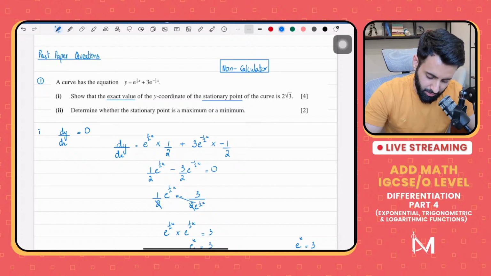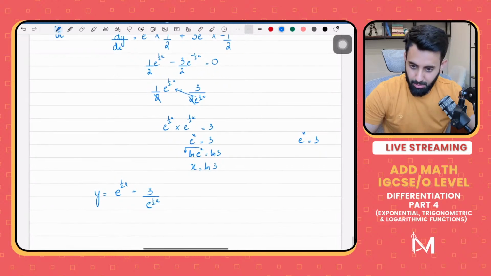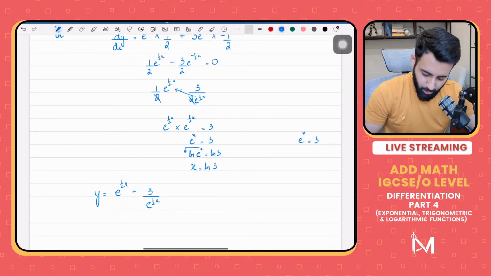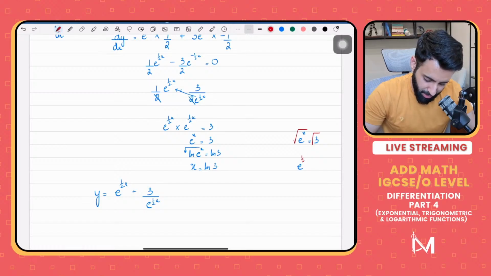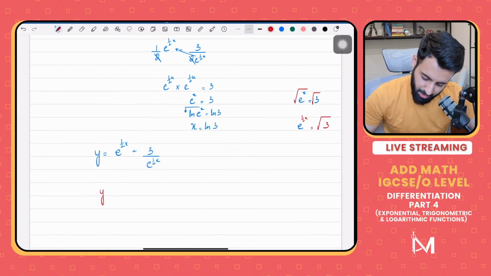If I want to convert this into e power half x, I can take the square root on both sides. That gives e power half x equal to root 3. So I can simply replace e power half x with under root 3: under root 3 plus 3 upon under root 3.